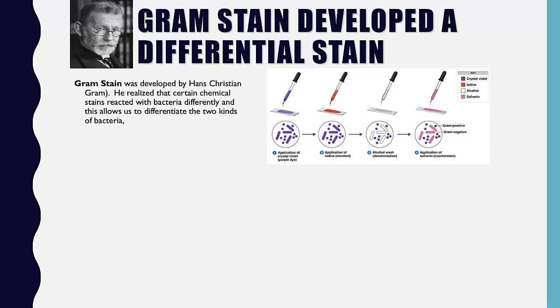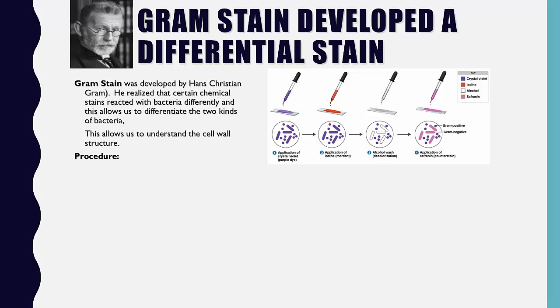Hans Christian Gram realized that certain chemical stains react with different bacteria differently, and this allows us to differentiate between two types of bacteria. So we're going to be able to understand cell wall structures.